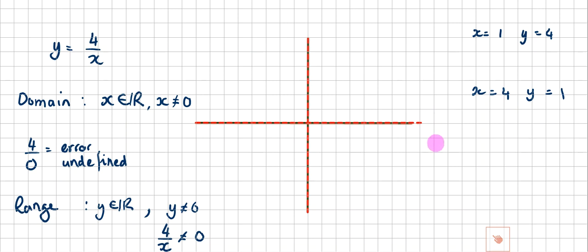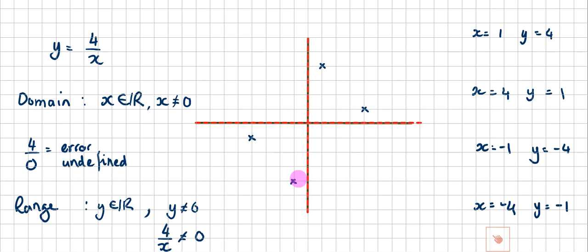So let's plot those: 1 and 4, 4 and 1. Let's go for the other end. Let's do x equals -1. What will it be? -4. If I put x equals -4, we'll get y equals -1. So I will have 2 more points over here.